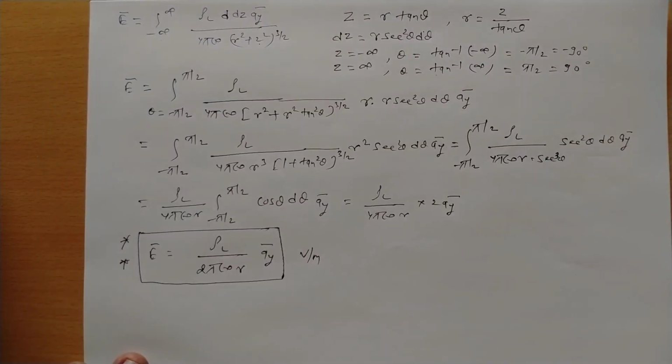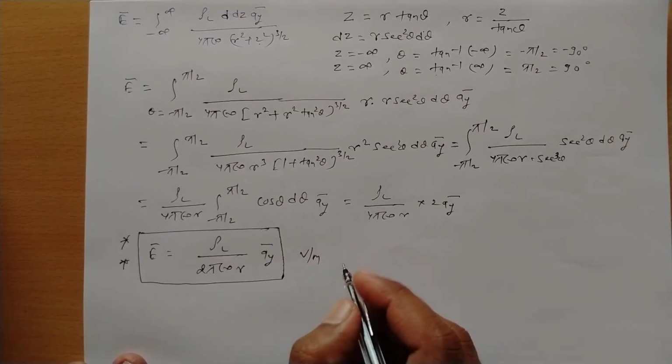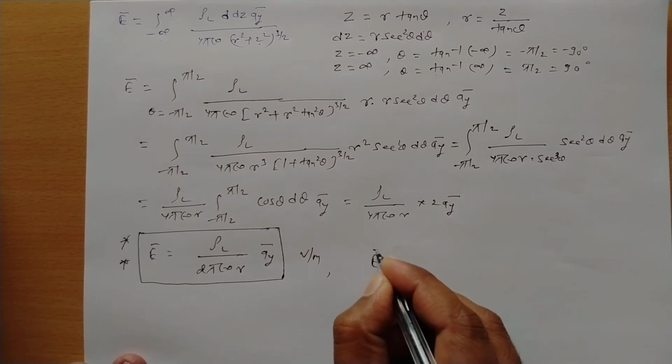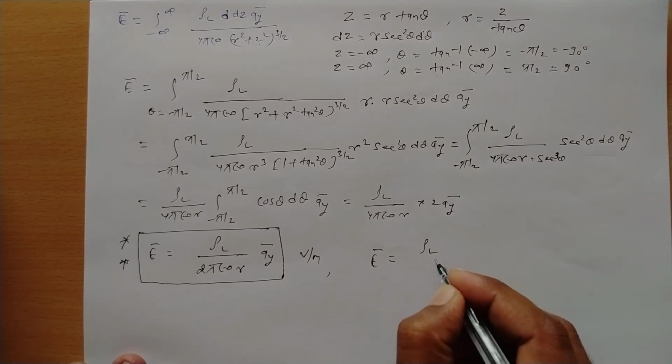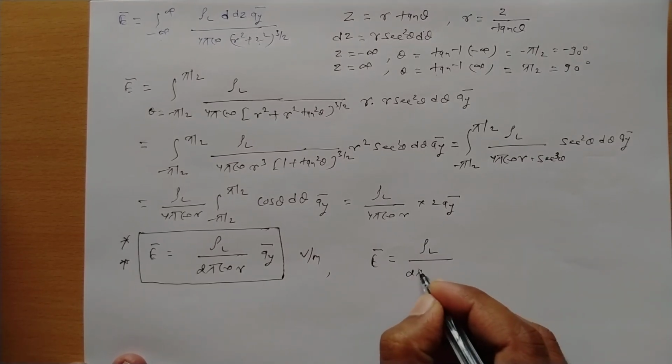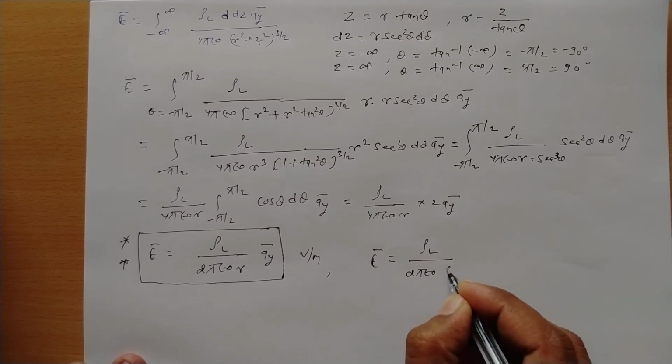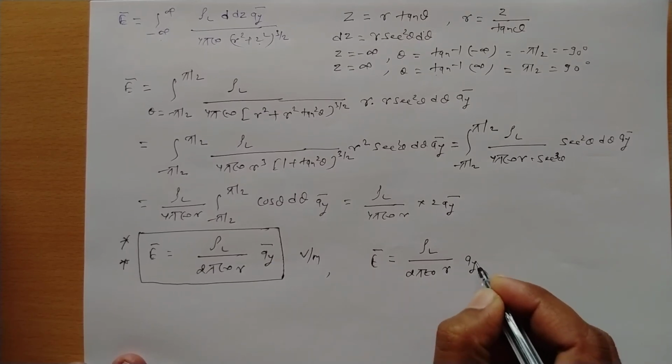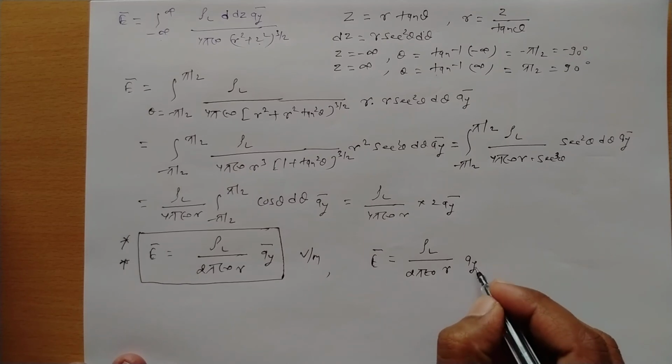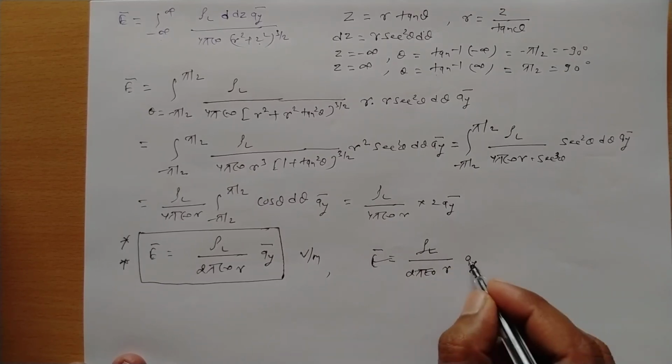So we can write this electric field intensity expression as rho L upon 2 pi epsilon naught R, and this is ar.